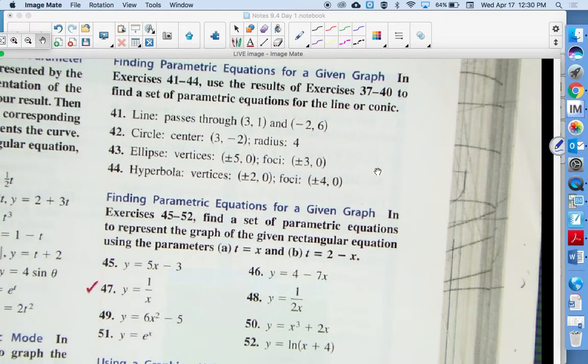And your goal then is to get a set of parametric equations that passes through that point. So for number 37, it gives you the equation of a line in x and y. You plug in the x's, you plug in the y's, you get an actual equation for that set of points. Number 42 is a circle, so again, you're plugging that information into the parametric equations that are given.